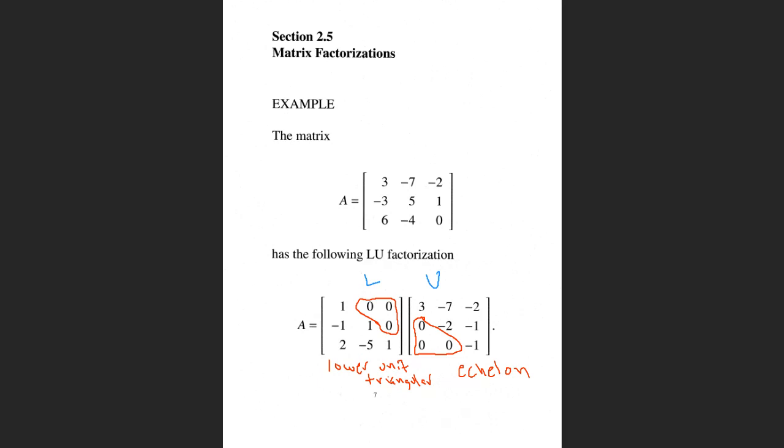So we can take a matrix A and factor it into a product of a lower unit triangular matrix L and an echelon matrix U. And it turns out that this is very, very helpful for solving a system of equations. What we want to do is use that LU factorization.